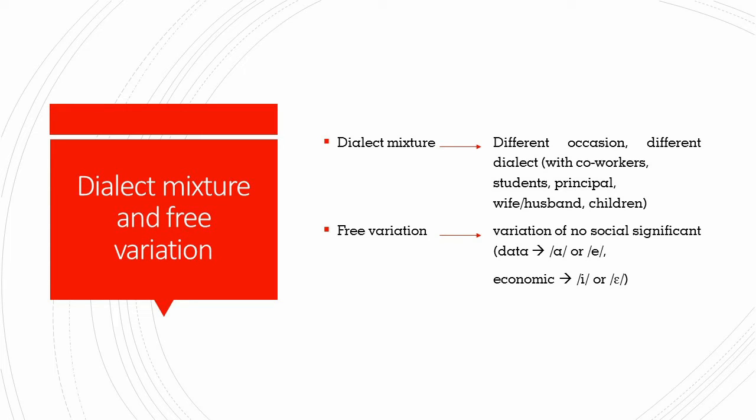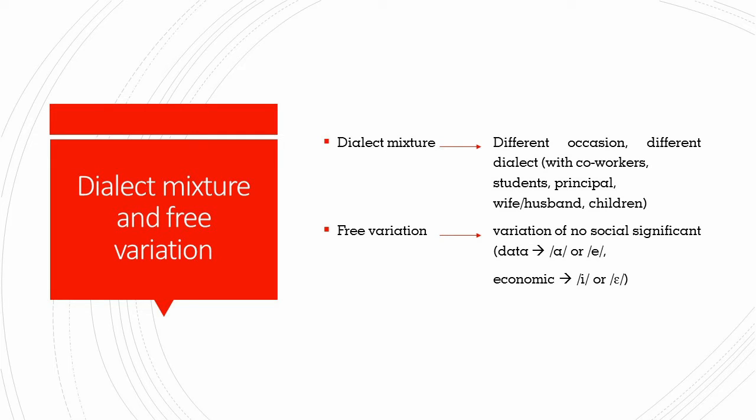For example, a Japanese person who lives in Jakarta speaks Indonesian affected by Jakarta dialect features when he is hanging out with his friends in Jakarta. And when he talks to his friends in Japan, or maybe when he hangs out with his own family at home, he will speak Indonesian but with a Japanese dialect.